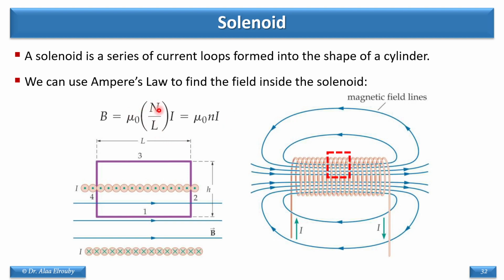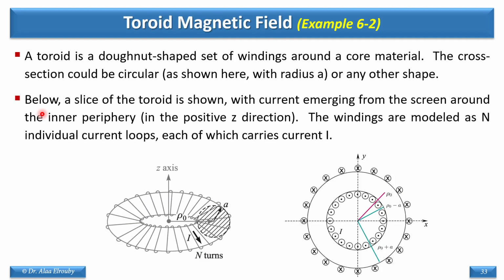N is the number of turns in this section, and if we divide it by L, this will give us the density. So n is the number of turns per meter, multiplied by I multiplied by mu naught. This is B, the magnetic flux density. So n is the turn density, number of turns per meter, and this is how we find the value of the magnetic field inside the solenoid.